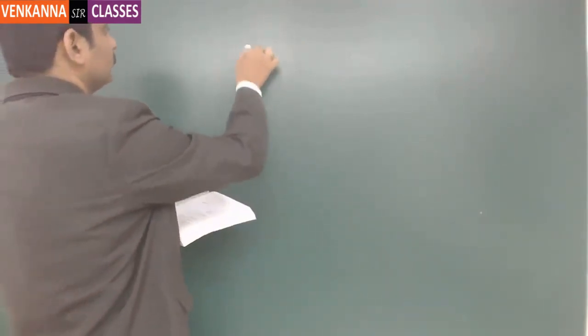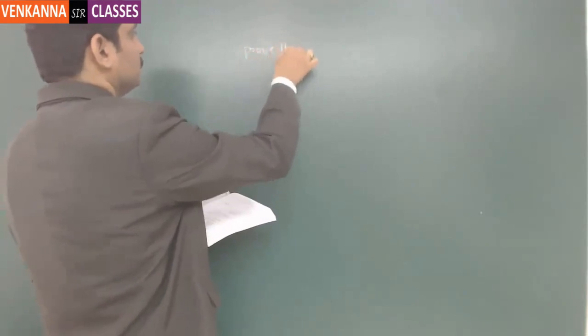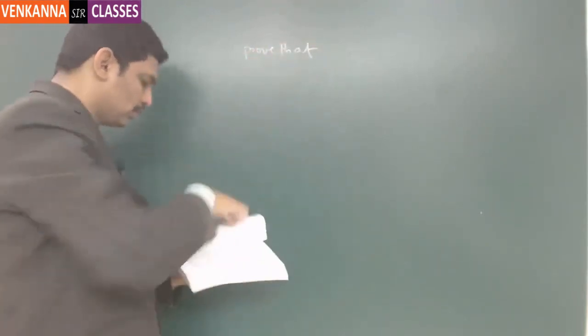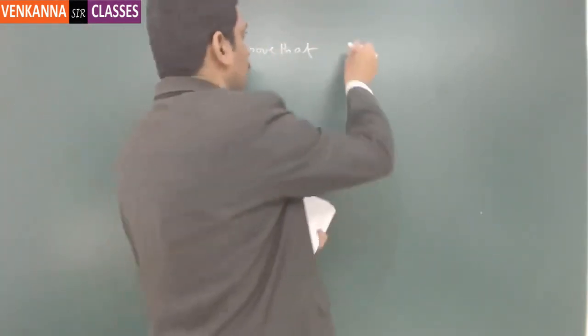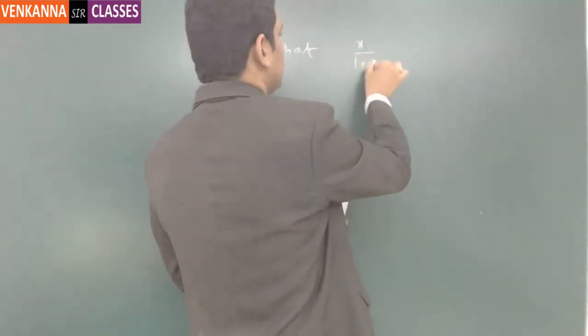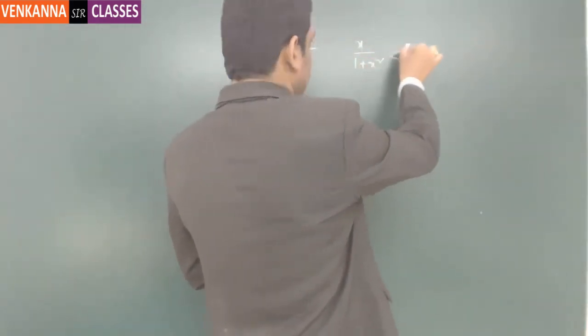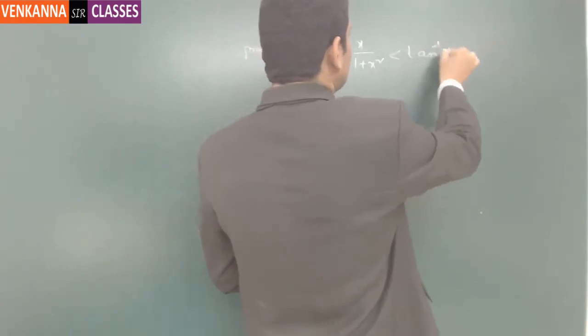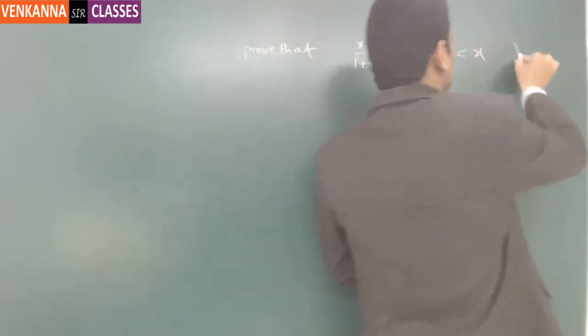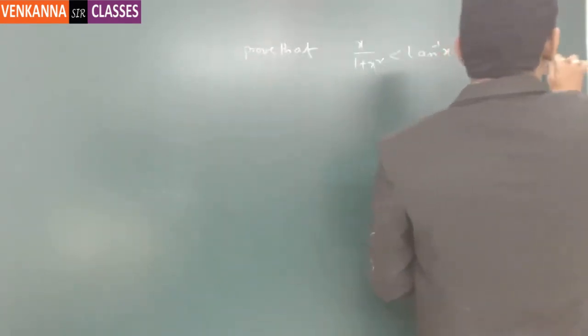Now let us take the other one based on Lagrange's mean value theorem. So prove that x by 1 plus x square is less than tan inverse x, which is less than x for all x greater than 0.